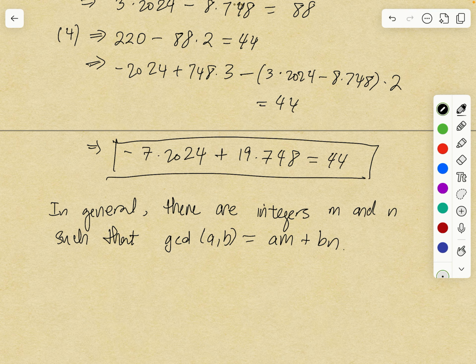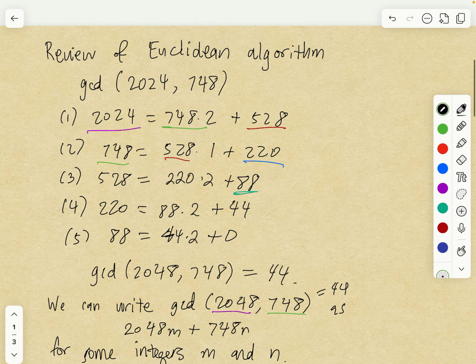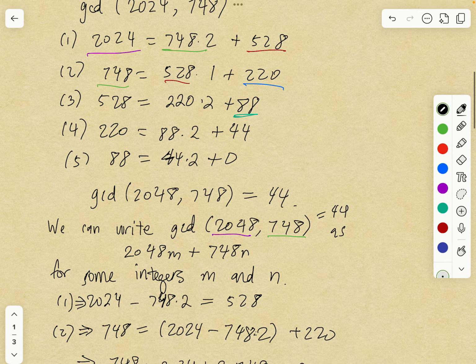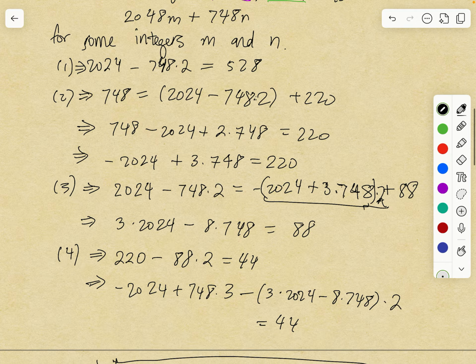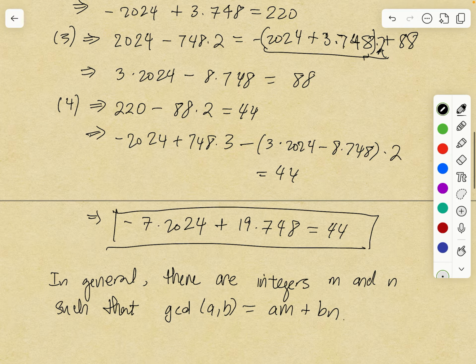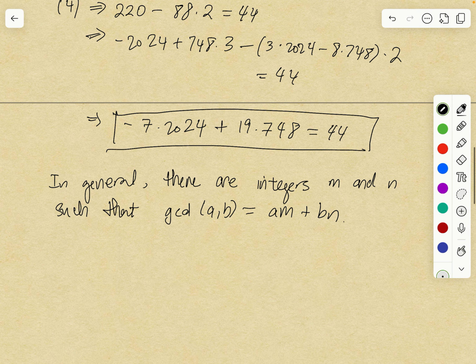And the algorithm that we demonstrated, so we start off with the Euclidean algorithm, right? And then you just use the equations that you found and just substitute in until you get to expressing the GCD of A and B in terms of A and B. More precisely, it is A times an integer plus B times another integer.